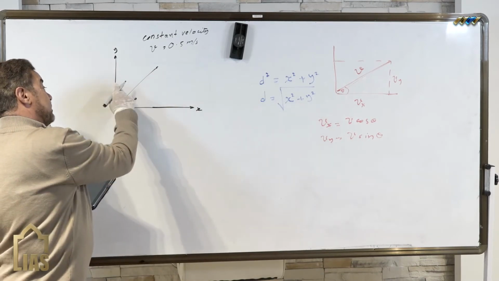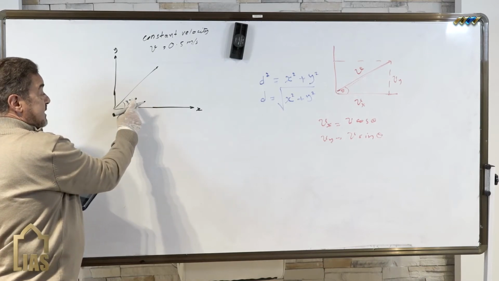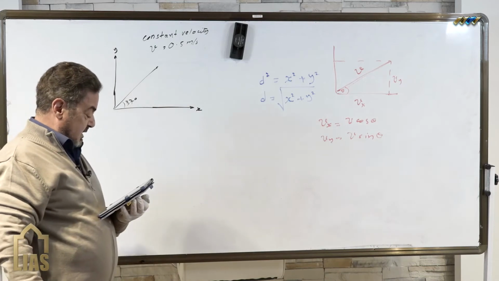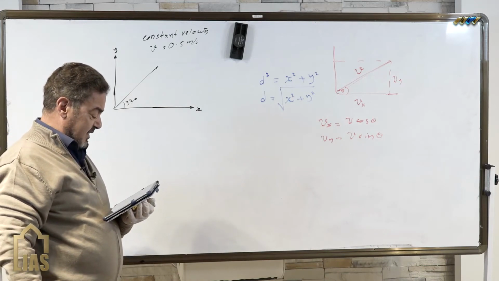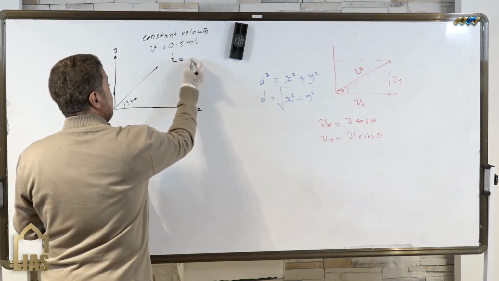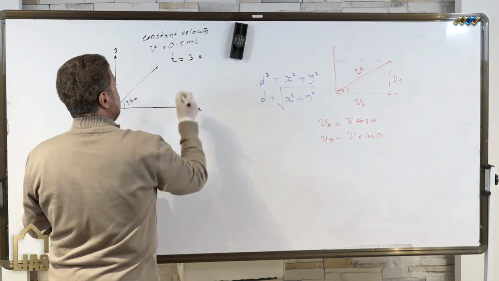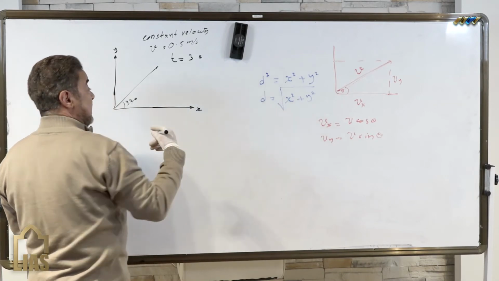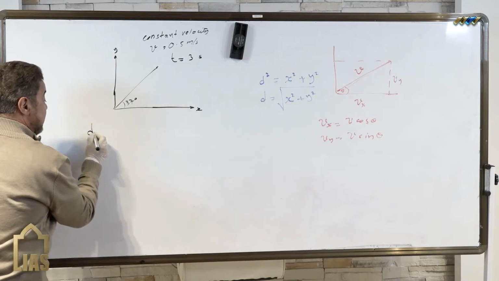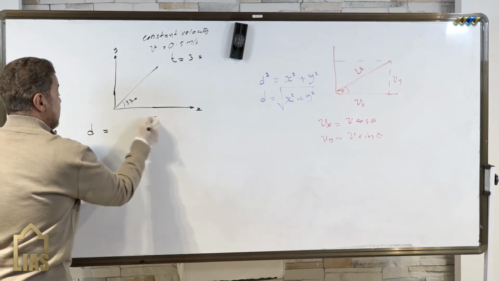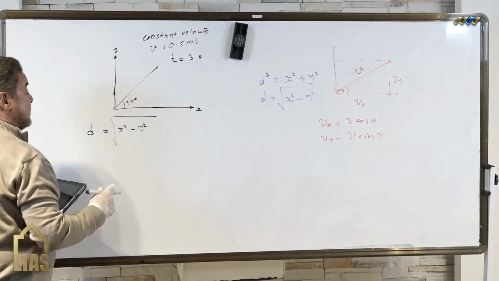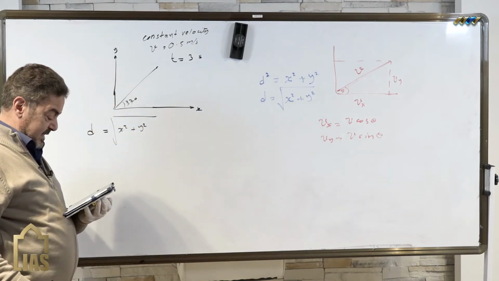Relative to the y-axis will be this one. But here, this is relative to the x-axis. Find how far it travels in 3 seconds. That gives me that t is equal to 3 seconds, and he wants the d, of course, which is x squared plus y squared. And you have to get x and y in this case.